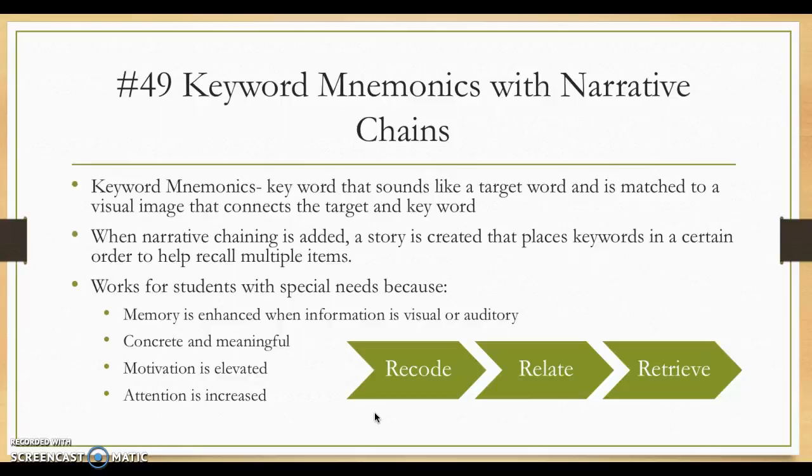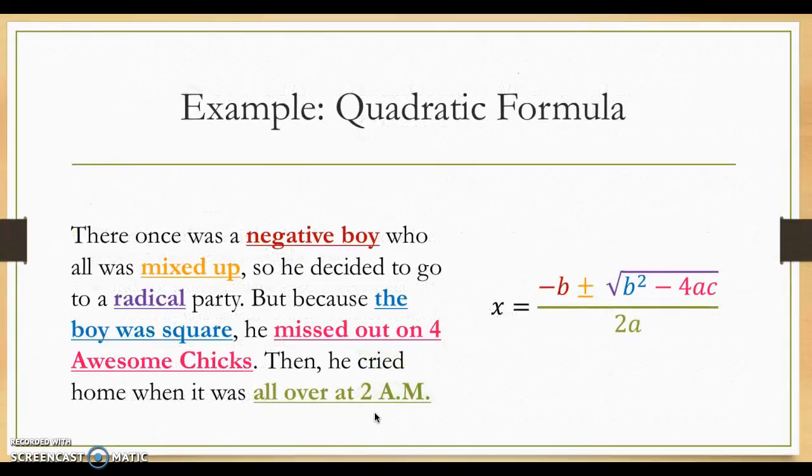It works for students with special needs because memory is enhanced when information is visual or auditory. And based on the information, students are required to elaborate on material that is made concrete and meaningful. Motivation is elevated by the playful nature of the strategies, and attention is increased when motivation is elevated.